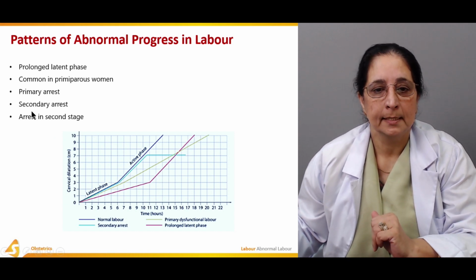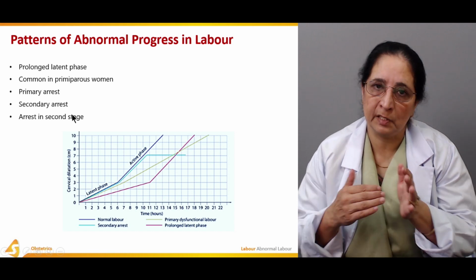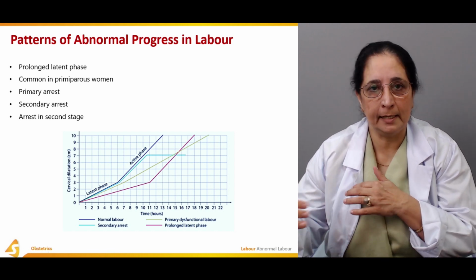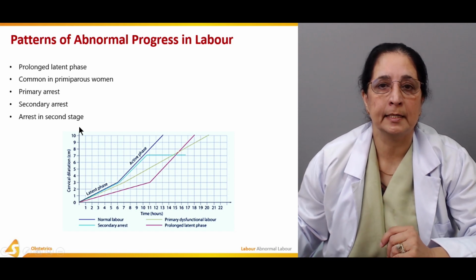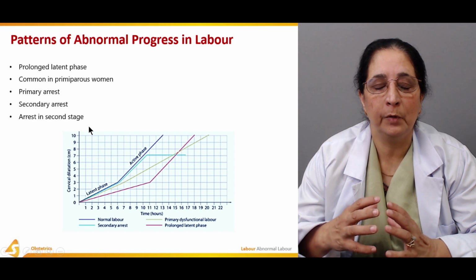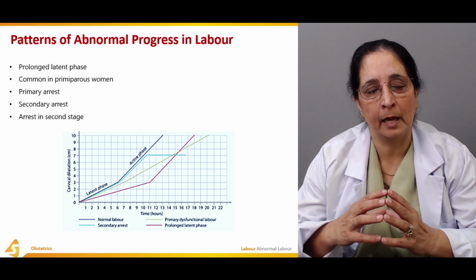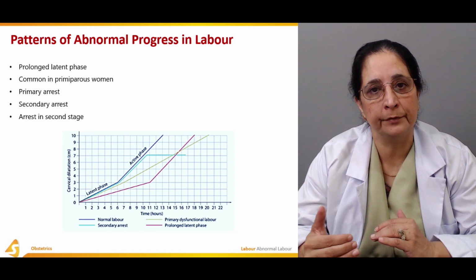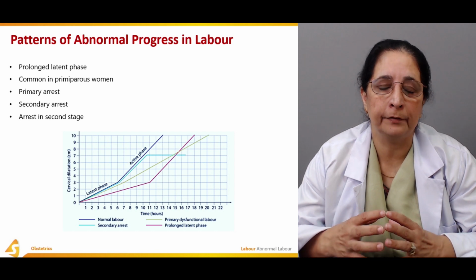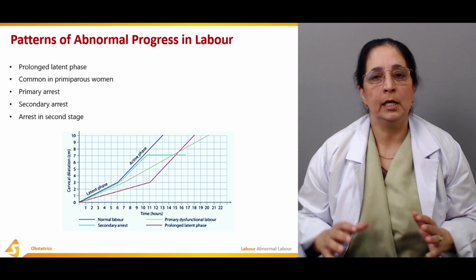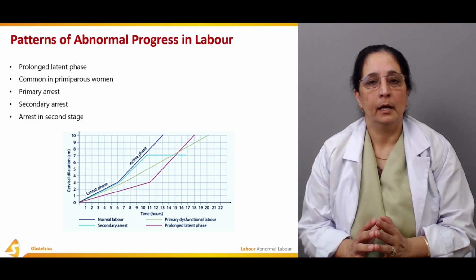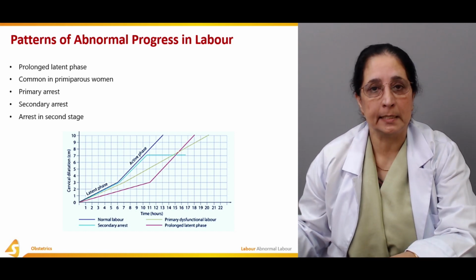Primary arrest, secondary arrest: the first phase progresses normally, and then there is arrest in the second phase. And then there is arrest in the second stage, which is the stage after complete dilation of the cervix, the delivery of the baby, as there is delay in that phase. So these are the abnormal patterns of progress in labor.